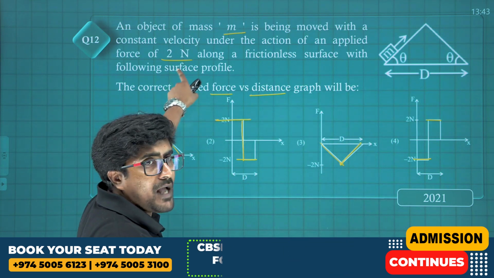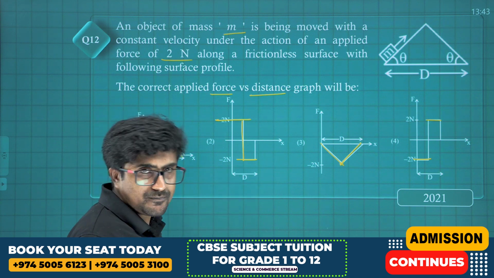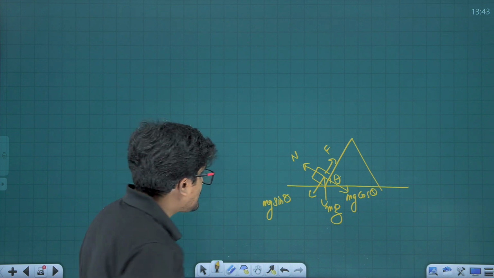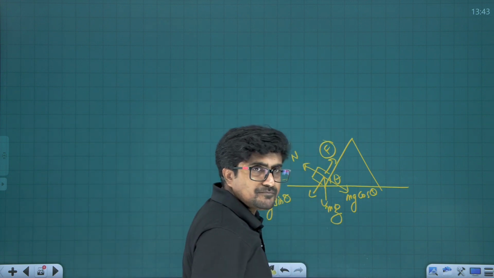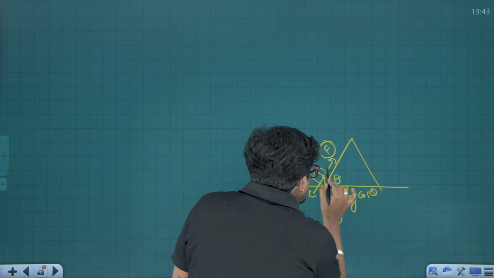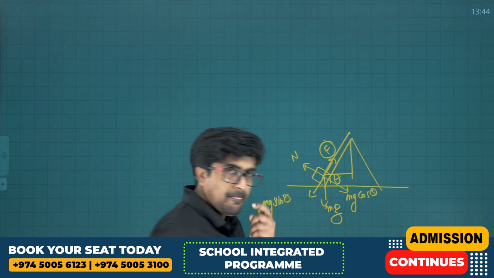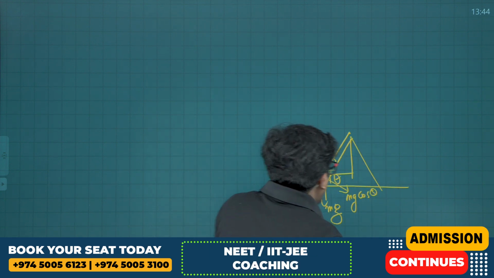Now as per this case, what they are saying is we are applying a constant force of 2 Newton. Now come back to this. If I want to apply a force of capital F here, the body is moving from here to here towards the right, and after that again the body is moving towards the right.